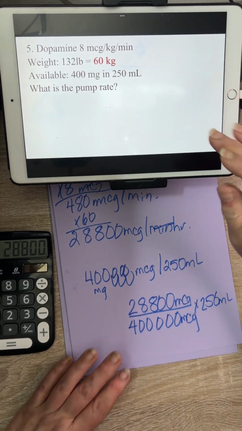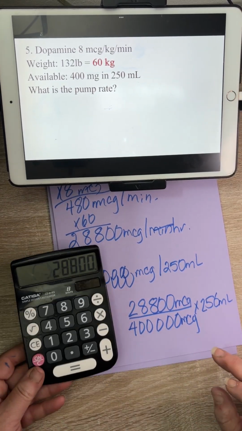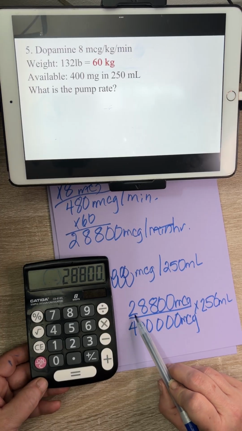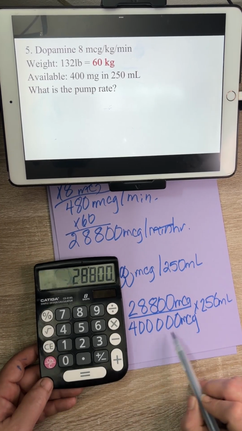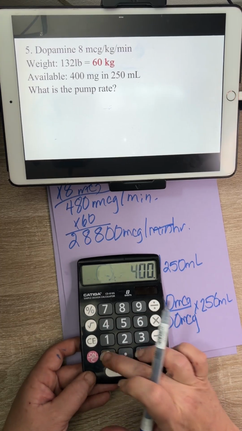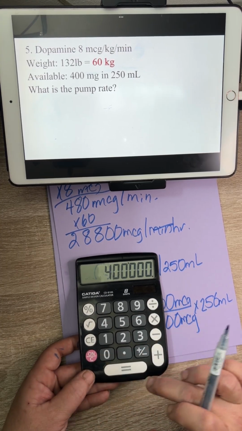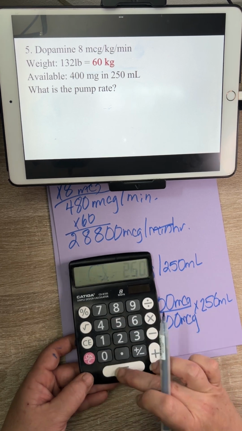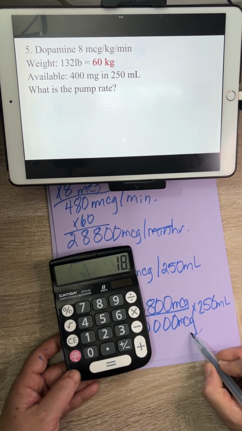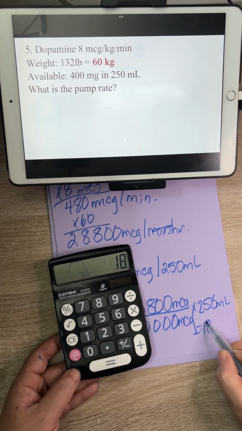So we're taking this number and dividing it by 400,000. If you count them zeros, you only have to work it one time. Times 250, look, it's going to be 18 milliliters per hour.